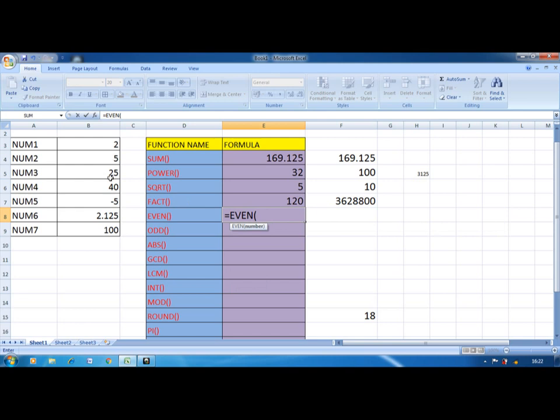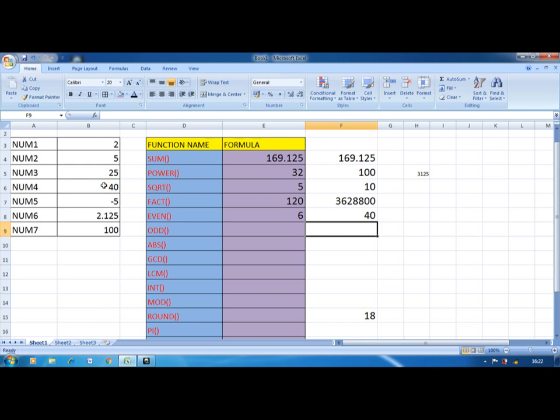In this table the odd number is 5, or 25 is also there. So if I write B4, the answer is 6. Now equal to EVEN, and inside the bracket I always have to write what? Odd numbers. Now instead of an odd number I will write an even number. Now what is the answer? The answer is 40 itself. It will not be 42 or 38.